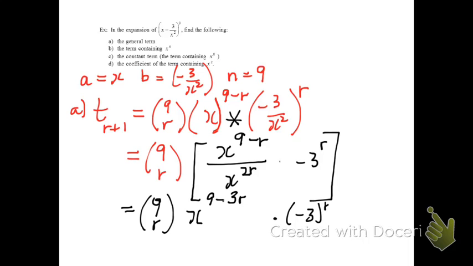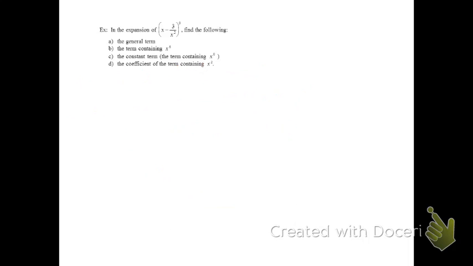So what I want you to notice is this will be how we find the exponent for the x term. All right. So I'm just going to write that general expression up here out of our way. So 9 choose r, and I'll put the constant in front, and then I have x to the power of 9 minus 3r.